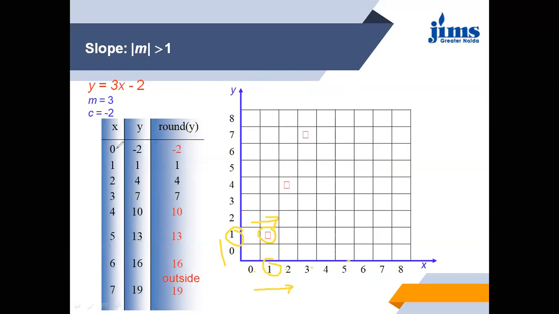So for 0, if we calculate the value of m from here, for the value of x, this will be 0, and this is minus 2. So y equals minus 2. We cannot draw this pixel, as I have not shown the coordinate system behind this.